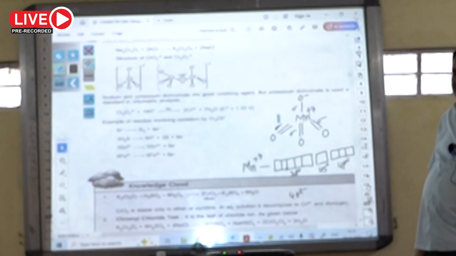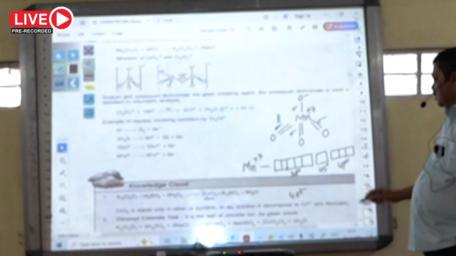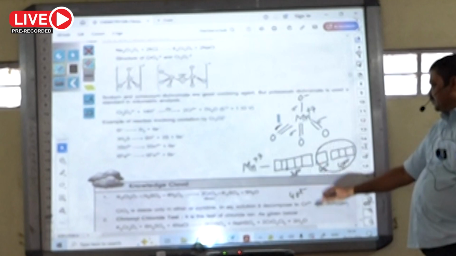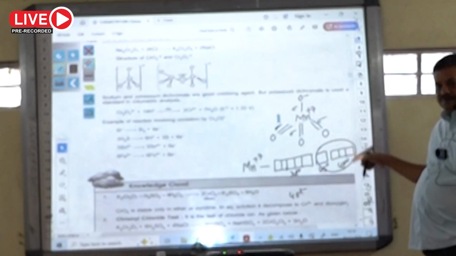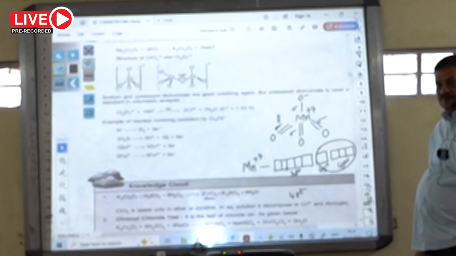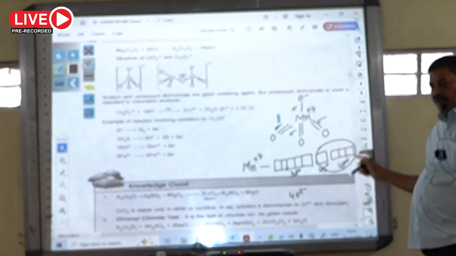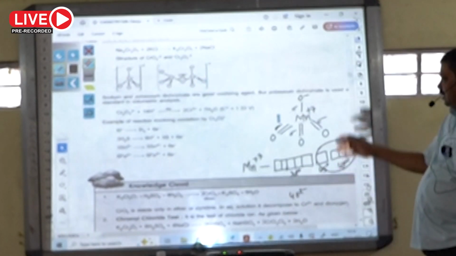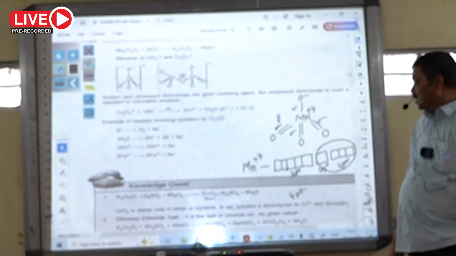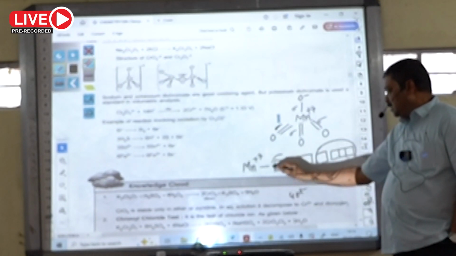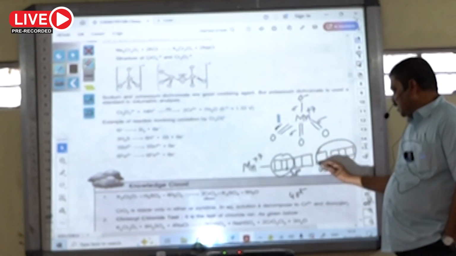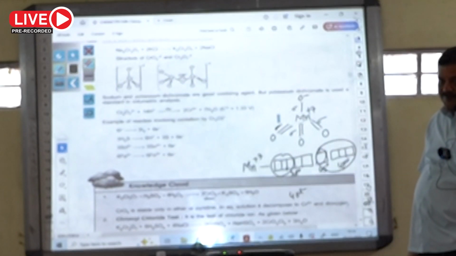There are 2 types of hybridization possible. One is sp3, tetrahedral. When this s and 3p hybridize, sp3 will give a tetrahedral structure. The other is 3 d orbitals and 1 s orbital can hybridize.